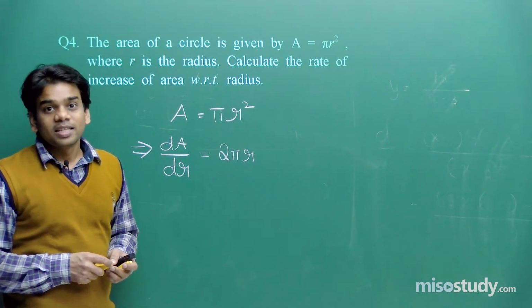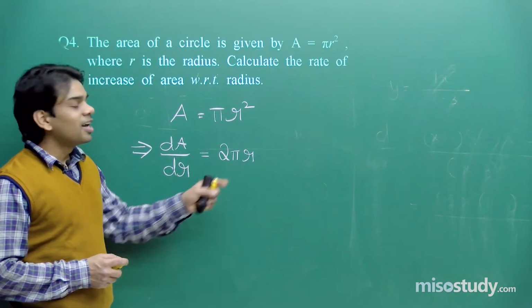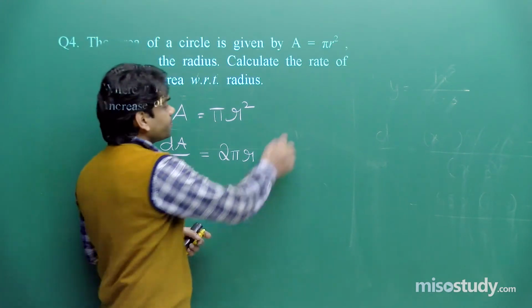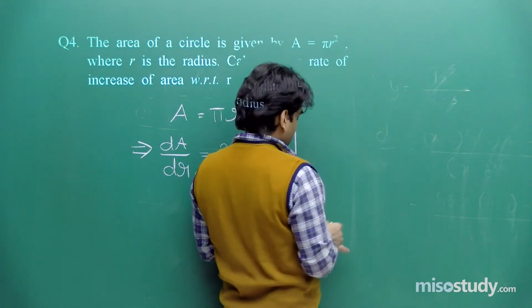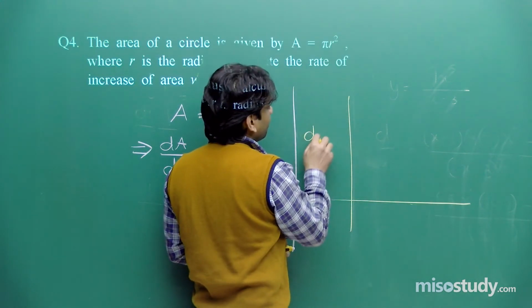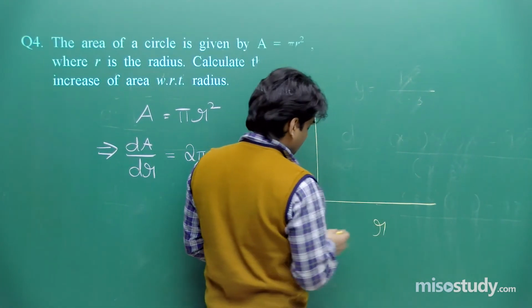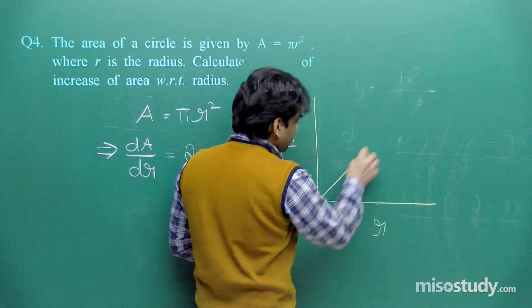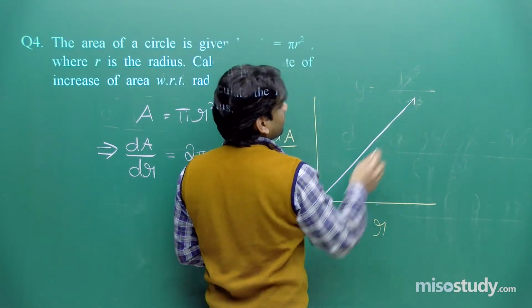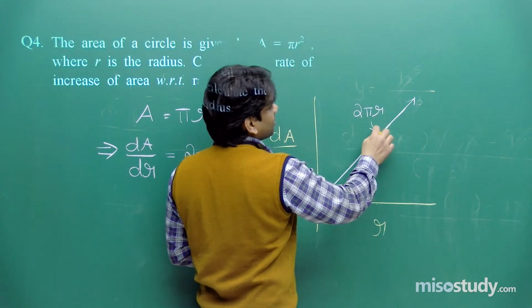That means if I draw a curve between dA by dr and r, I am going to get a curve like this. I will be obtaining this as the curve because we have 2 pi r, that is a straight line.